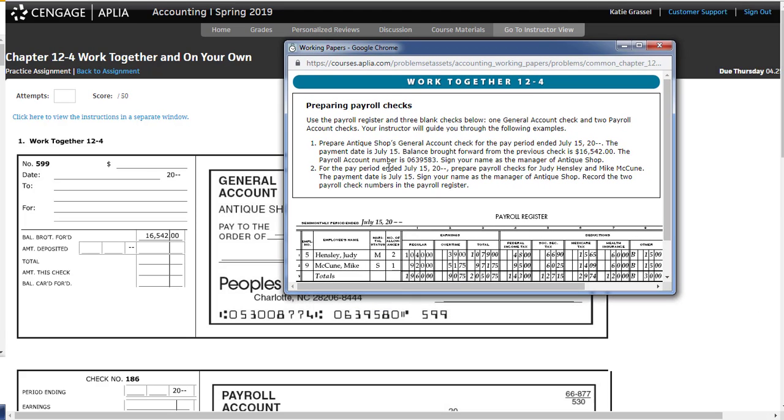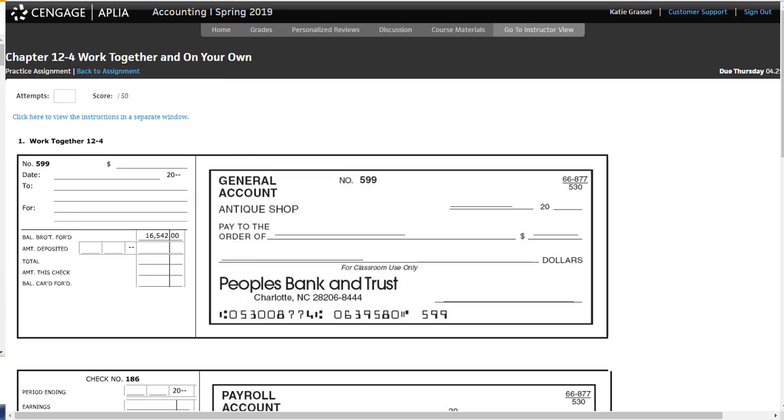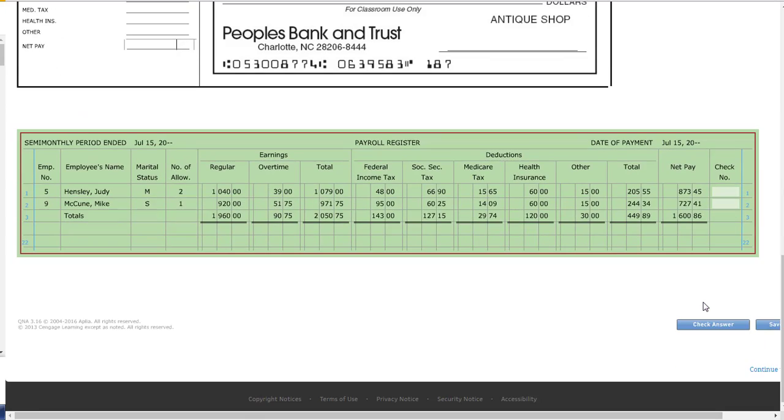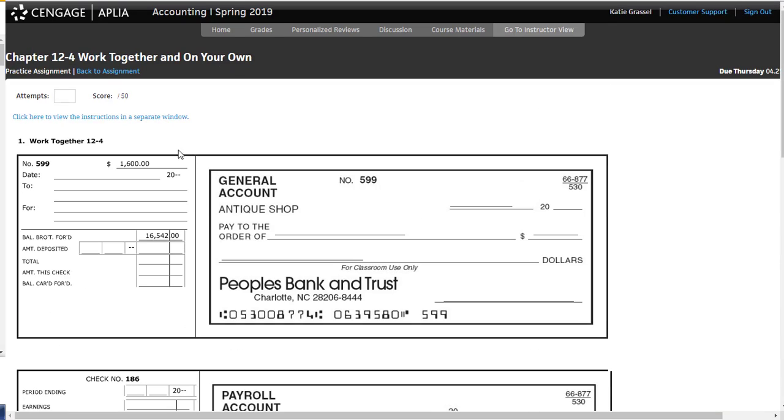It says the payroll account number is 0639583, and it says sign your name as the manager of the shop. All right. So the first thing I have here is the amount of the payroll, which is $1,686.